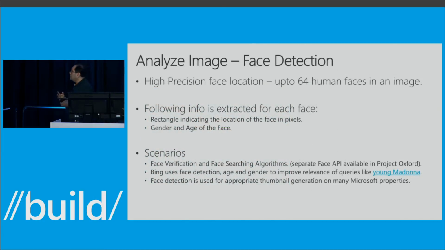Our face detection algorithm can detect up to 64 people in an image. The University of Massachusetts at Amherst has a face detection competition with a data set called the FDDB data set, which is used to measure how good your face detection is. Microsoft Research is number one across all the competitions.